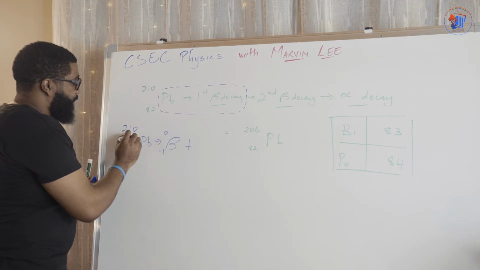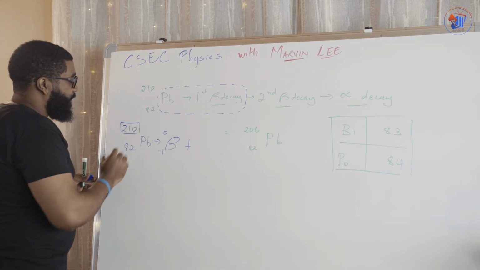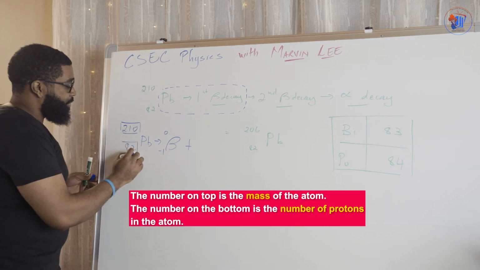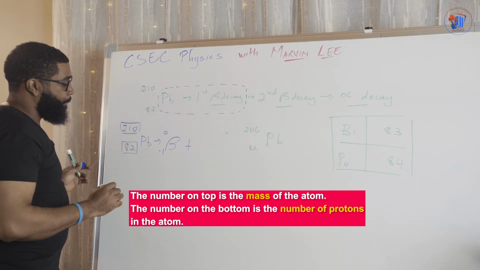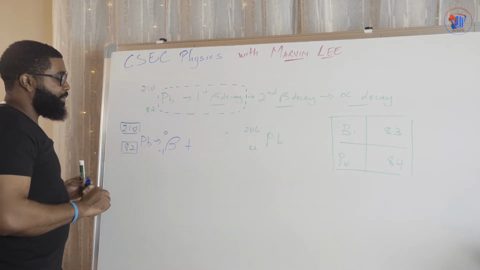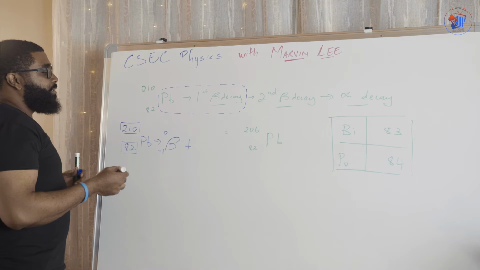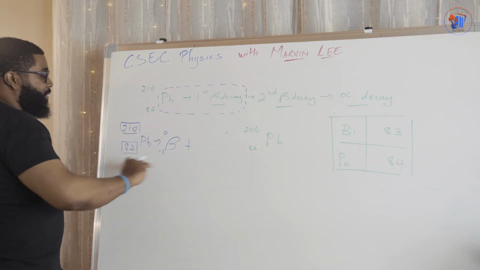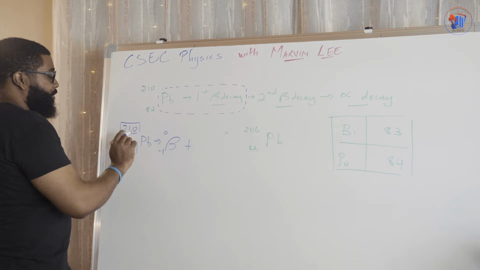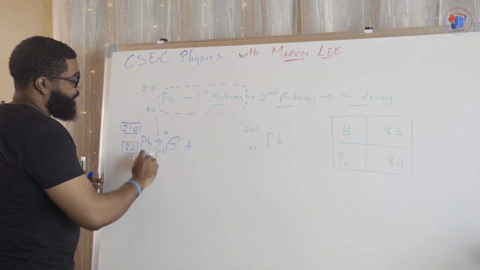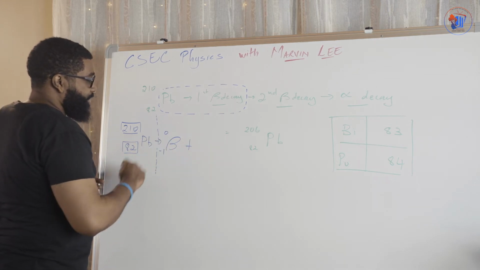This is the mass of the atom, and this represents the number of protons in the atom. Mass, number of protons. Now, when balancing an equation of radioactive decay, you balance the top independently from the bottom. So 210 is on this side, and what we have over here is everything else.